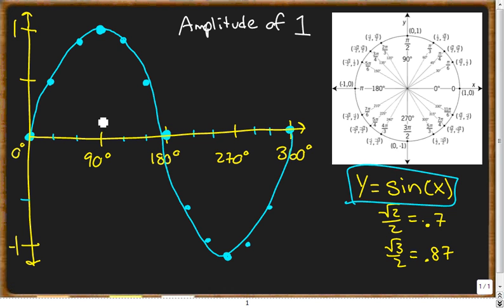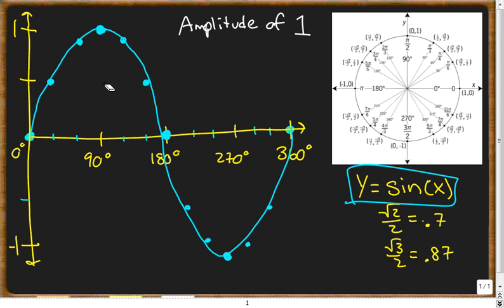Well, what is an amplitude? An amplitude is how far from the middle of a periodic function, or from the average, that your max goes up and your min goes down. As you can see, the middle of this function is 0. We're at +1 and -1 down here. So our amplitude is said to be 1.